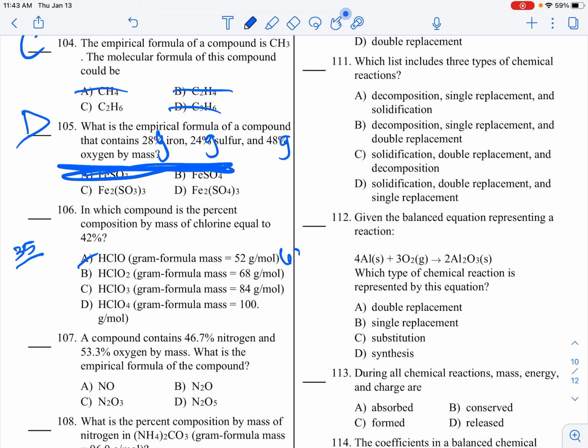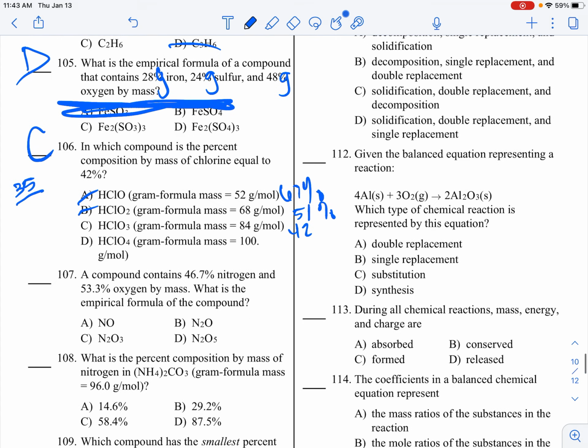Nope. 35 divided by 68 times 100. That's 51%. Nope. 35 divided by 84 times 100. That's 41.6. That's 42%. I'm guessing that's my answer, but just for kicks, 35 divided, that's 100%. That's 35%. So it is choice C.